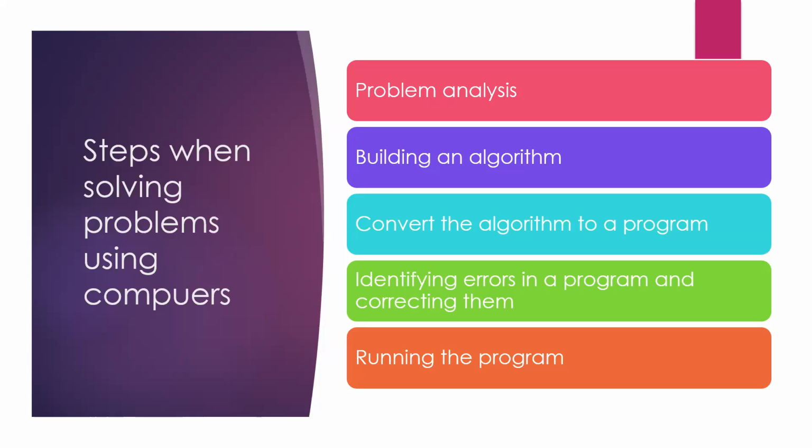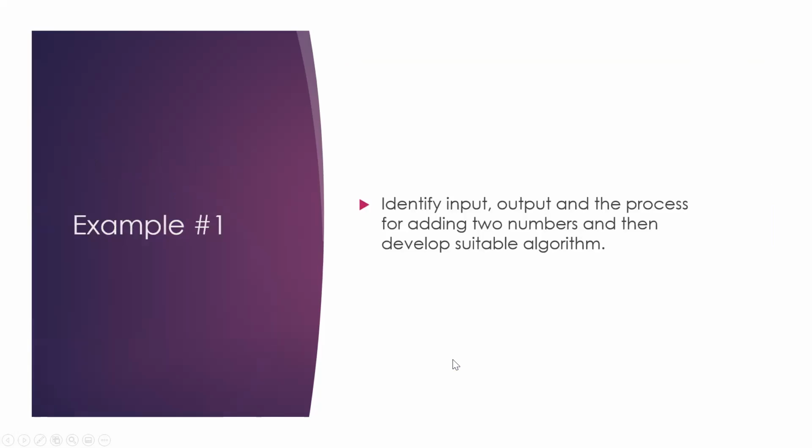When we talk about solving a problem, there are 5 parts. Problem analysis, which means you look at input, output, and processes. Then you build the algorithm. Then you convert the algorithm to a program or code, and then you find any errors in the program, which we call bugs, and correct them, which means debugging, and then finally running the program, right?